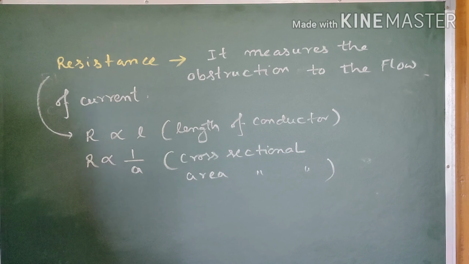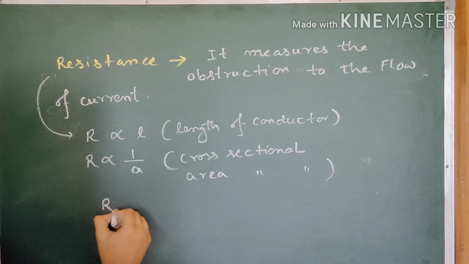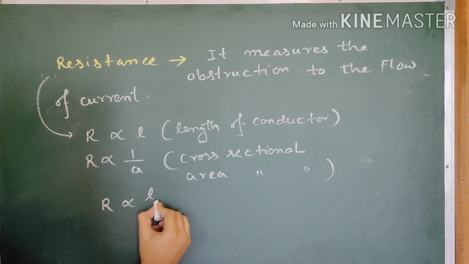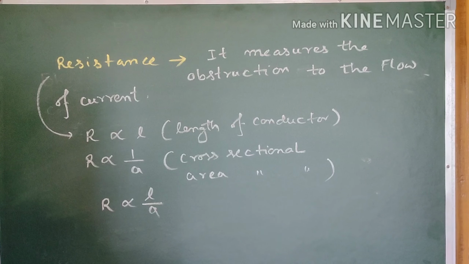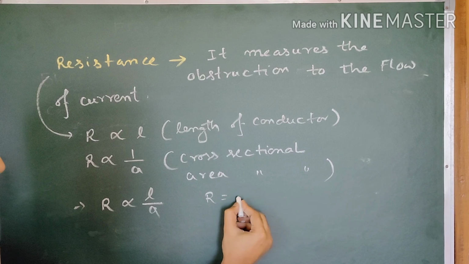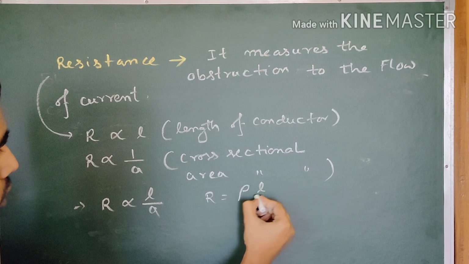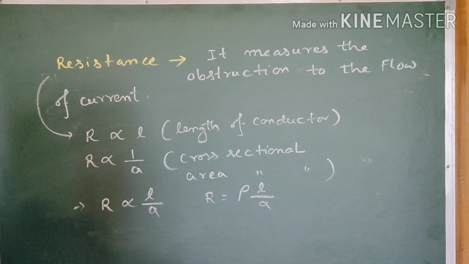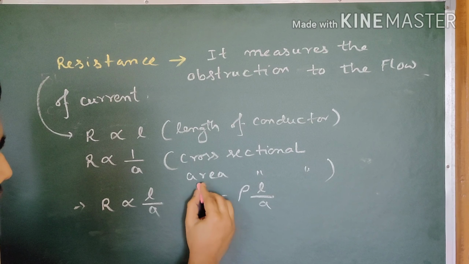So if I combine both of these, I can write R is proportional to L by A. And to remove this term, it is written R is equal to rho into L by A, which is a new term for all of us.